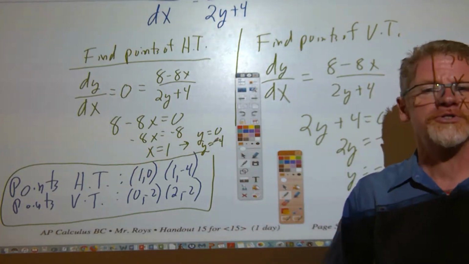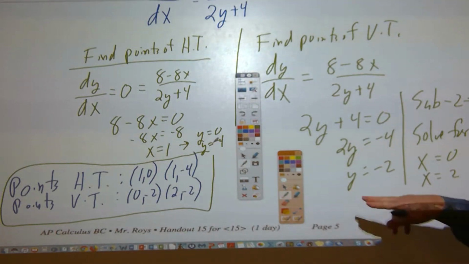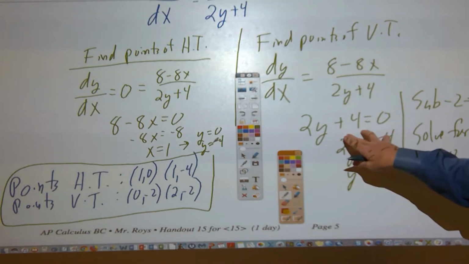The calculus approach is a shorter approach. Does anyone have any questions whatsoever on how to use calculus to get points, ordered pairs, of both horizontal tangency and points of vertical tangency? Zoe? Y equals negative 2, up here?